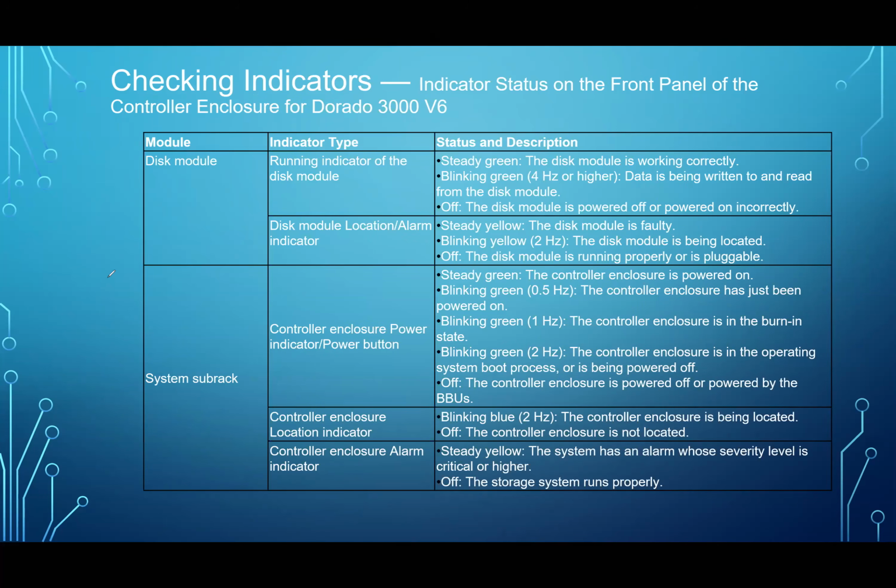The indicator status for the front panel of the Dorado 3000. The most important thing that you should know is the running indicator that needs to be checked. If the running indicator of each module, like the running indicator for the disks themselves, is steady green, there is no problem and it's working within normal parameters.